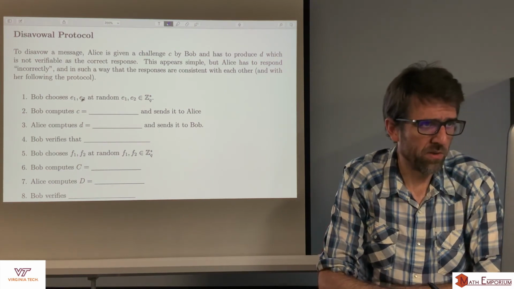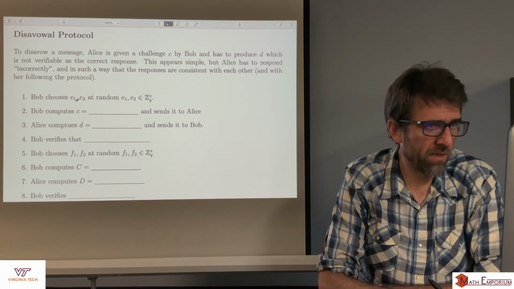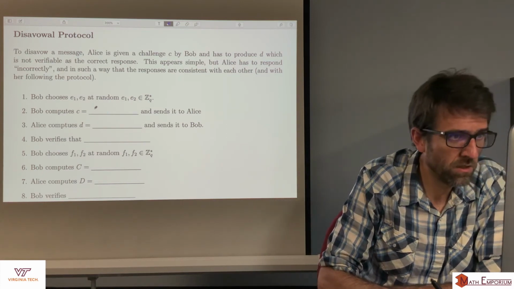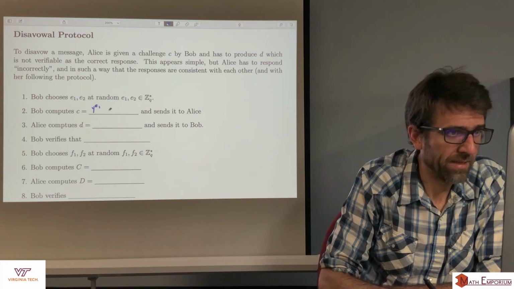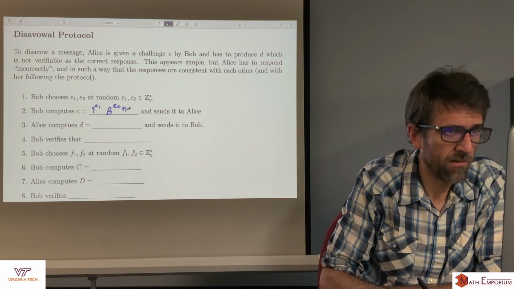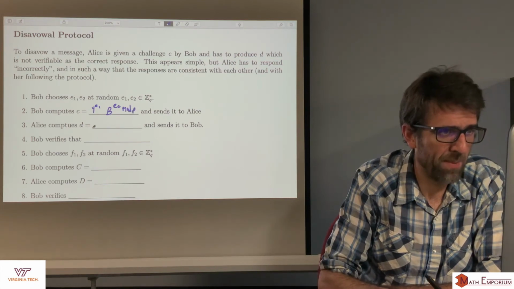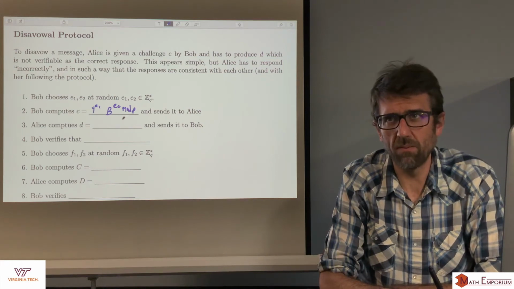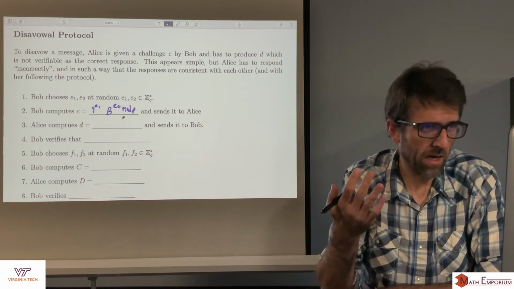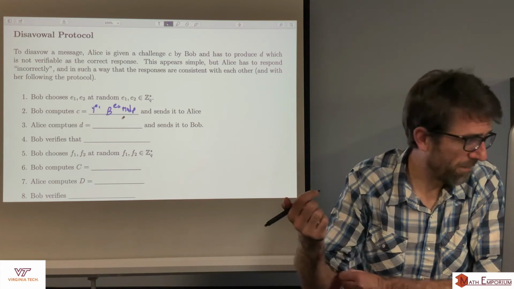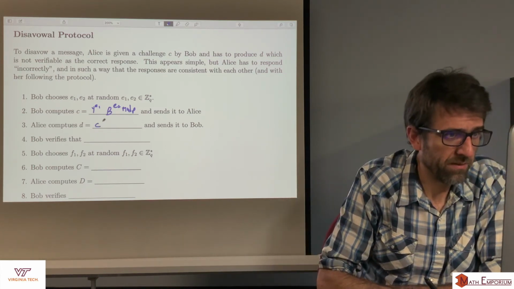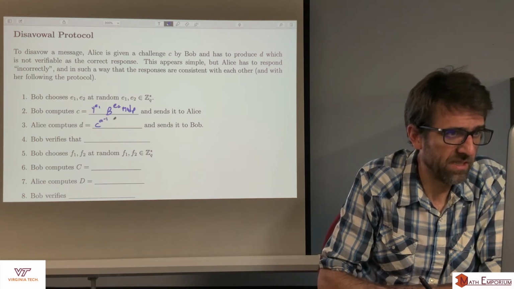Okay, just like in the verification protocol, Bob's going to choose a couple random exponents. He's going to compute the challenge, which will be y to the E1 beta to the E2 mod P, and send that back to Alice. Alice is just going to respond to this challenge in the same way that she would to a valid message in the verification protocol, which would be to do c to the A inverse.